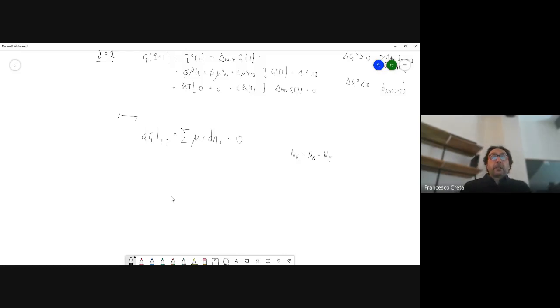So this is the number of atoms, and this is the number of molecular species. Anyway, we'll get to that in a second.